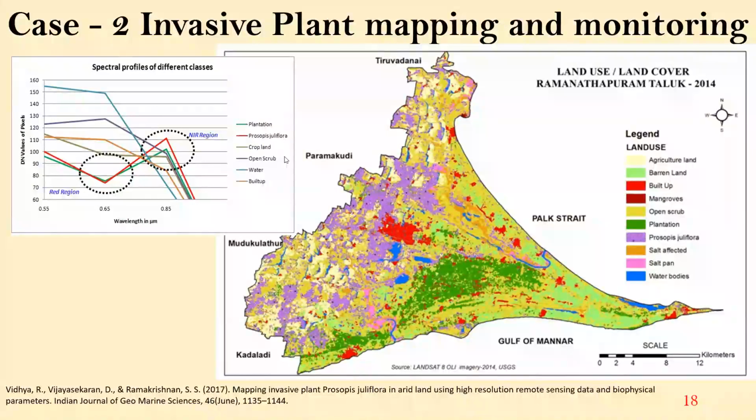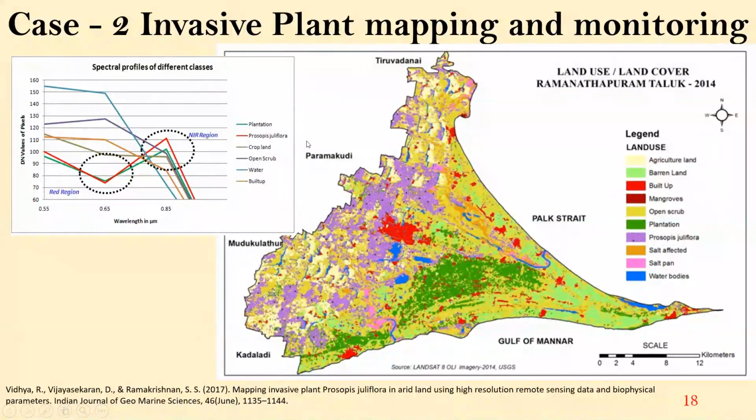Again, here the surface reflectance of Prosopis juliflora helped us discriminate it from other plantations like palm trees and coconut trees in this region, and also the croplands. It has a higher reflectance in the NIR region because of higher year-round green cover, as you know.